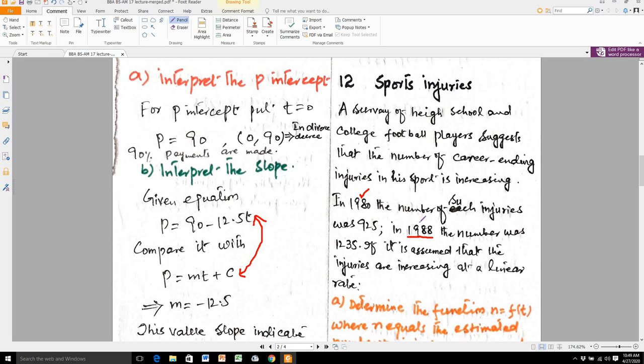It is the first point. In the initial year the injuries were 925. So you write here at the initial year, in which t is equal to 0, the injuries are 925.